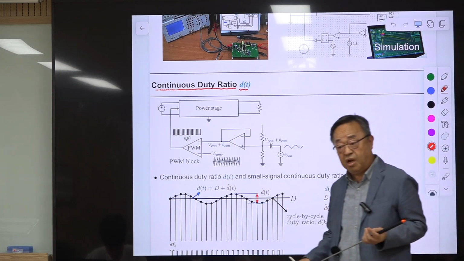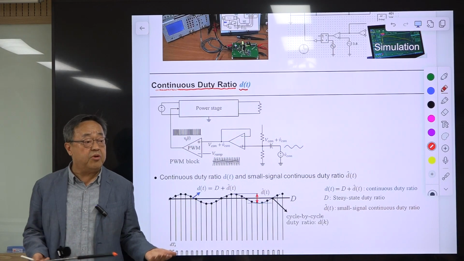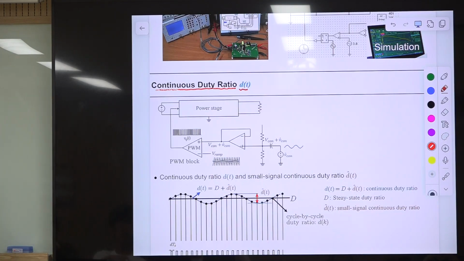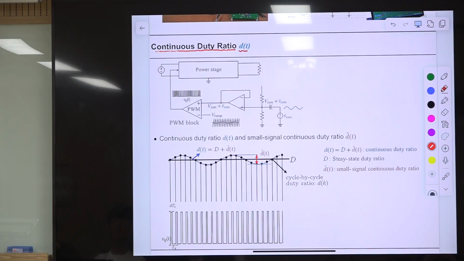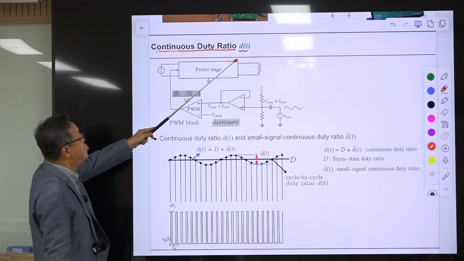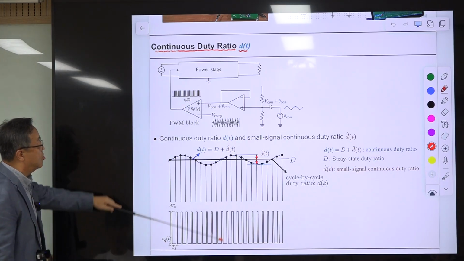That is the switch drive signal. So they are not comparable with each other. We need some link between this analog signal and the digital signal. For that purpose, we developed this concept of continuous duty ratio d(t). This is the explanation about that.